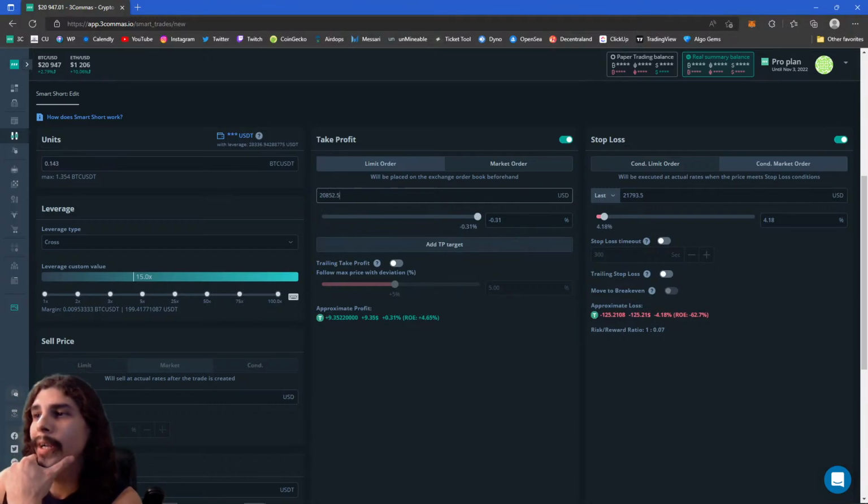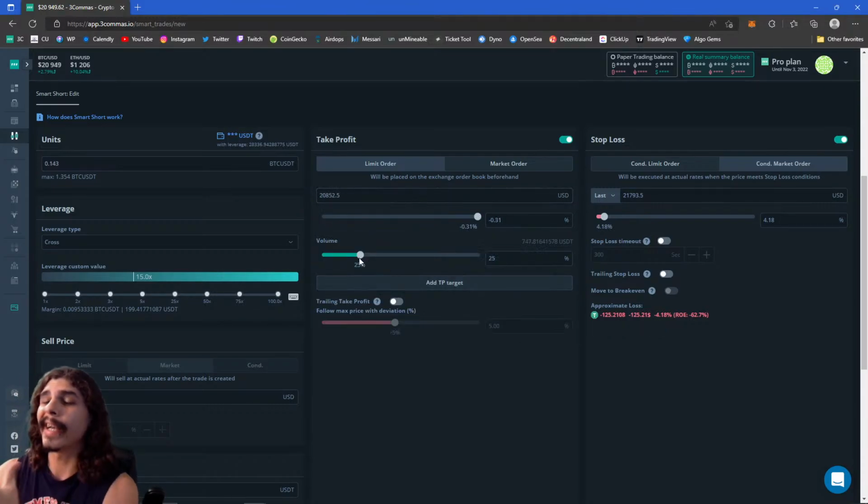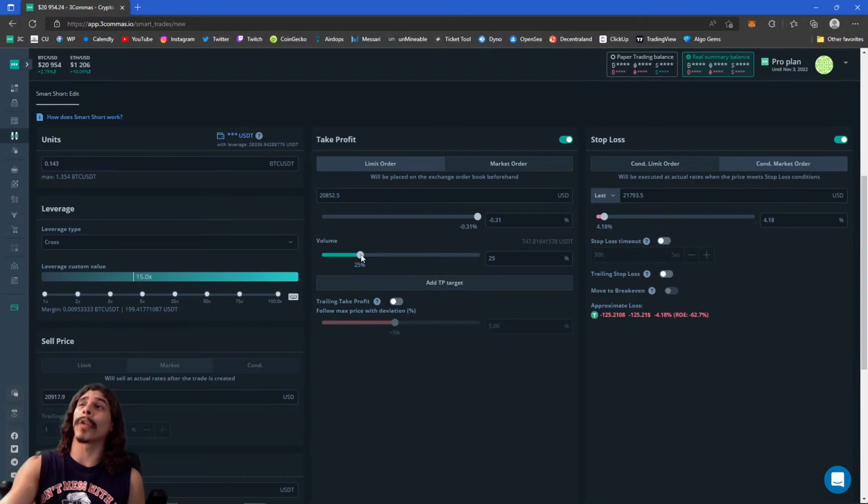So the first TP goal now is only 0.31% away. Now here, this is quite controversial for a lot of people. Some people are going to say, I want to take out the majority of my profits right at this level, or I'm taking out 25%, 25%, 25%, 25%. I don't agree with that, because by the time you get to your last take profit goal, you've already cleared most of the money that you entered the trade with.